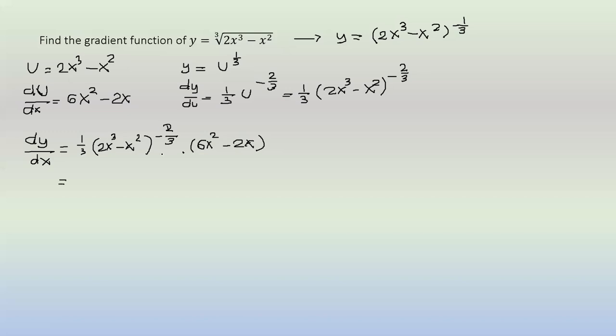So it's going to be (2x squared minus 2/3) in brackets, (2x cubed minus x squared) to the power minus 1/3. Or you may simplify because it's 1/2x cubed minus x squared power 2/3.